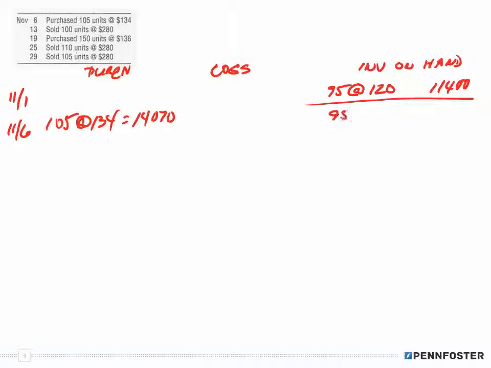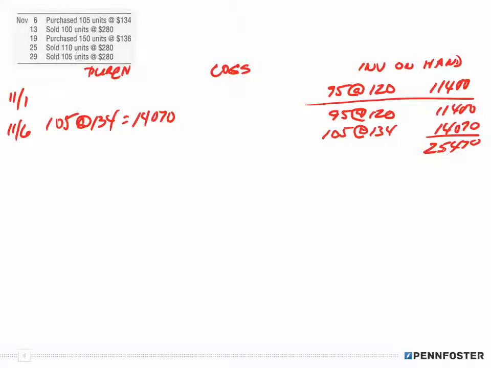So now my inventory is 95 at 120 because we're using perpetual, and 105 at, I'm sorry, at 134. Which gives me 14,070, which means we have 745.